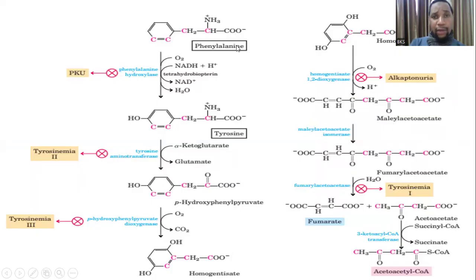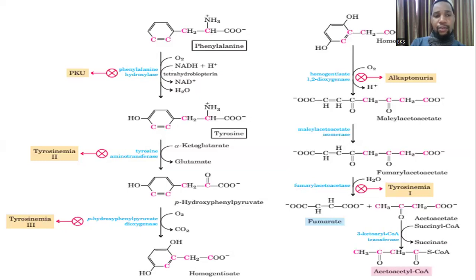Or the phenylpyruvate can be reduced to form phenyllactate. So in this phenylketonuria, the accumulated phenylalanine can be converted to phenylpyruvate, to phenylacetate, or phenyllactate.